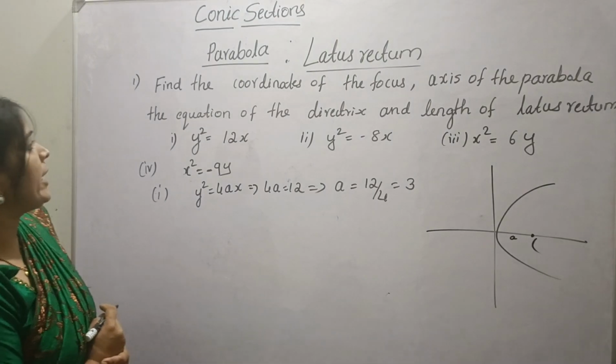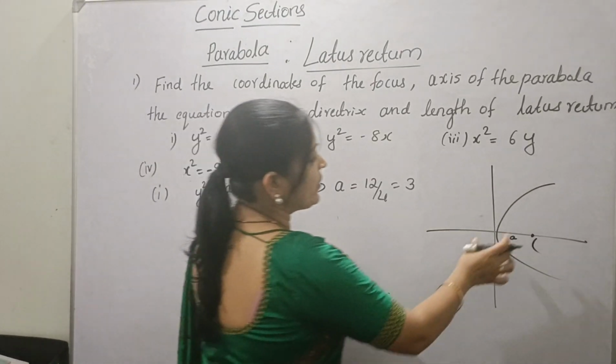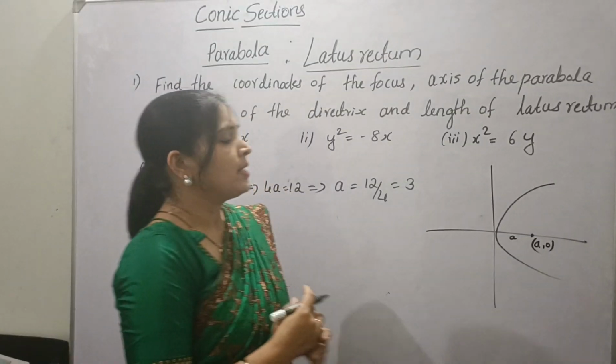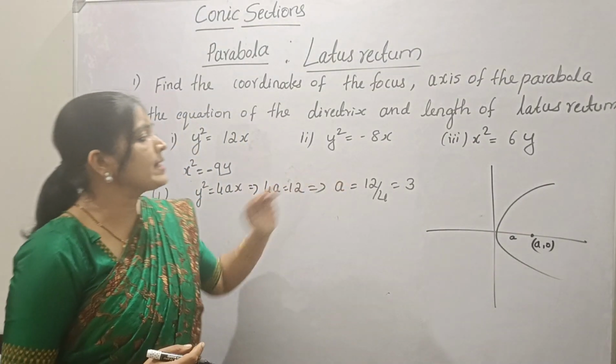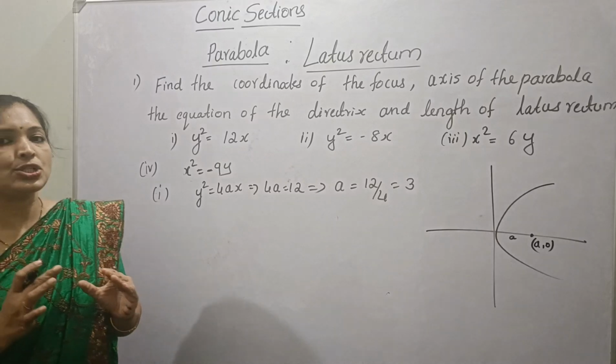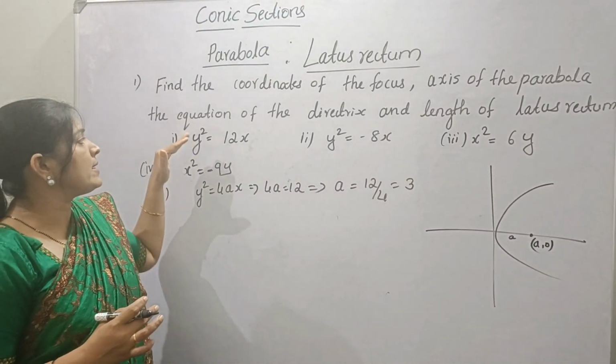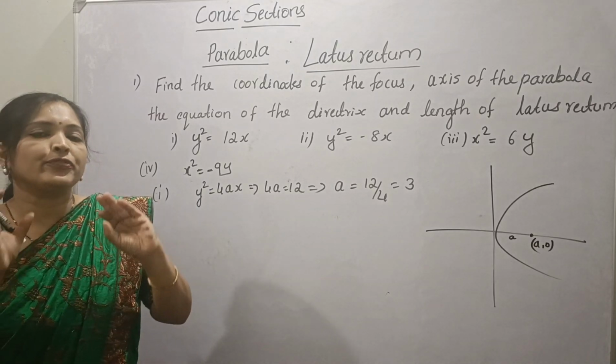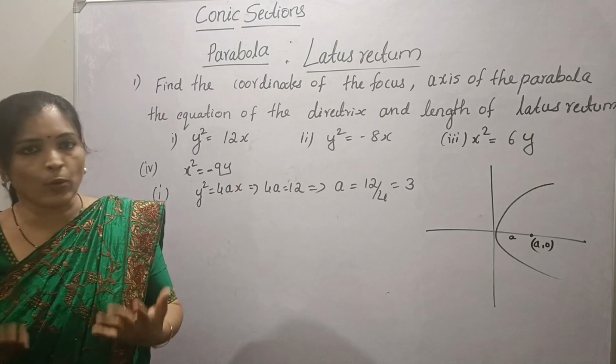To find the coordinates of the focus, we know that this point is (a, 0). Here a is equal to 3, and we know that this parabola opens towards the positive x-axis, therefore the focus point is also positive.